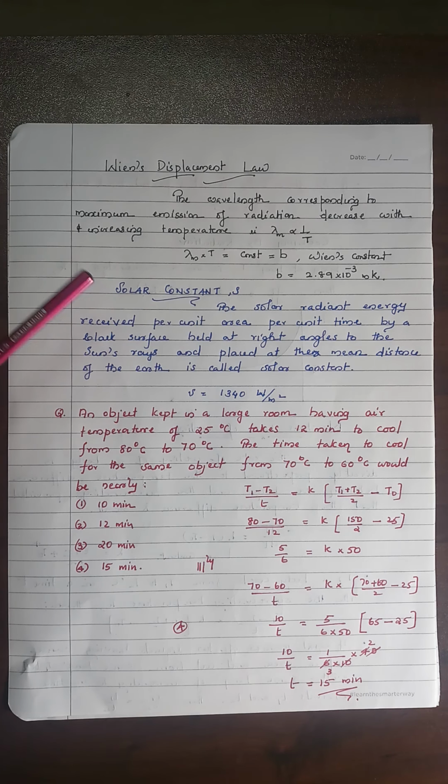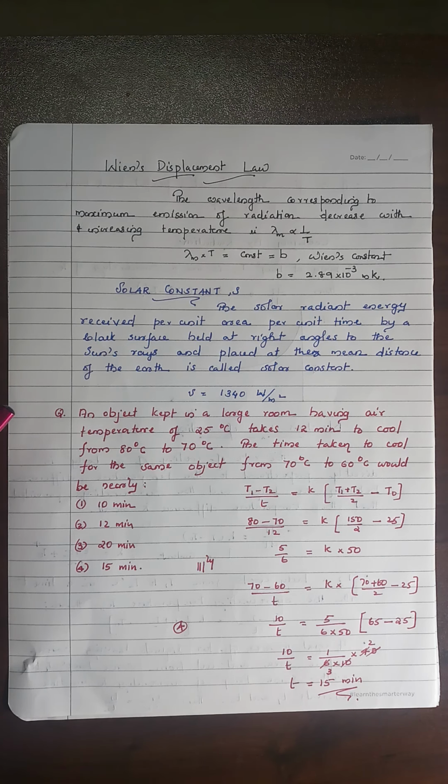The solar constant: the solar radiant energy received per unit area, per unit time by a black surface held at right angles to the sun's rays and placed at the mean distance of Earth is called the solar constant. That value is 1340 watt per meter square.